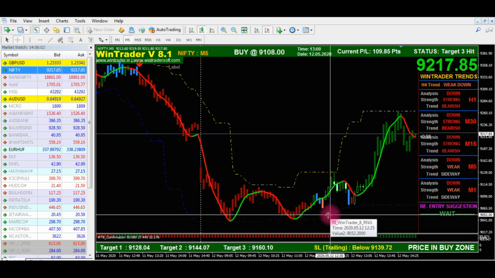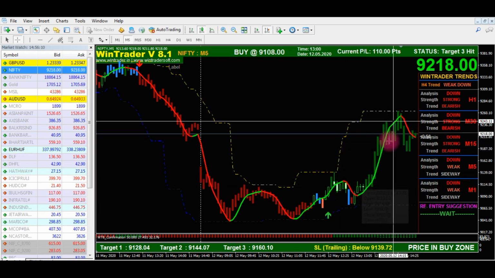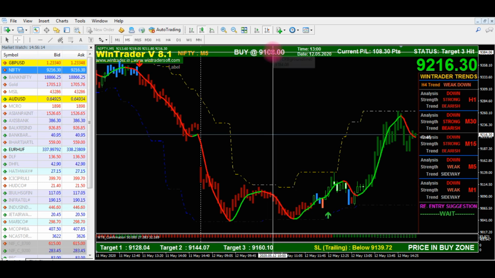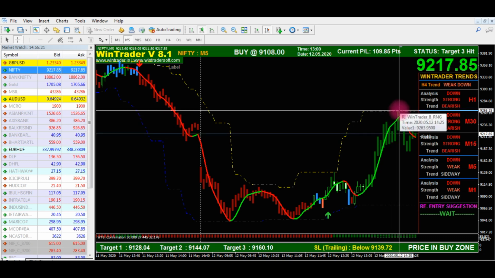This is today's signal, the 12th of May 2020. This morning we got the buy signal, then all the confirmations were there, the price was generated from 9108, all targets were achieved, and the market went up to 9264 or so.